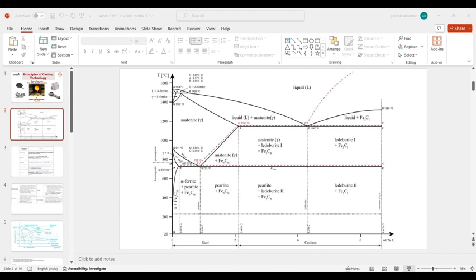Okay, so generally annealing process is applied on the steels which have gone through very high plastic deformations. During plastic deformation, stresses are generated in those steels. So to relieve those stresses from the steel sample, we are going to anneal it.